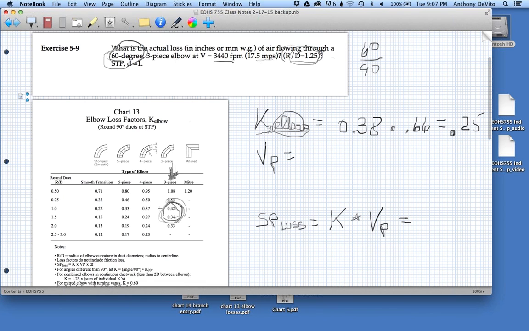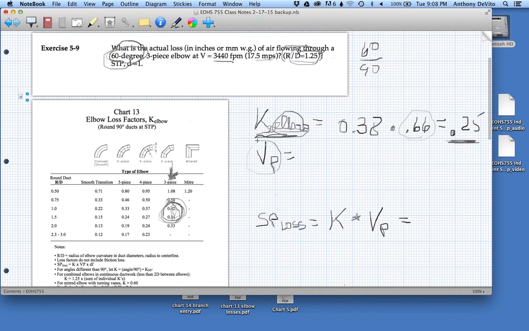One accommodation was for the fact that the radius to the diameter of the duct was 1.25, and we didn't have that exact number, so I had to interpolate between those two. And the second accommodation was that it's only 66% of the losses because it's not a 90 degree turn, it's only a 60 degree turn. So my K factor for a 60 degree turn is 0.25.